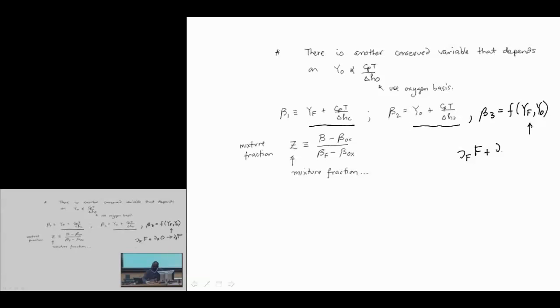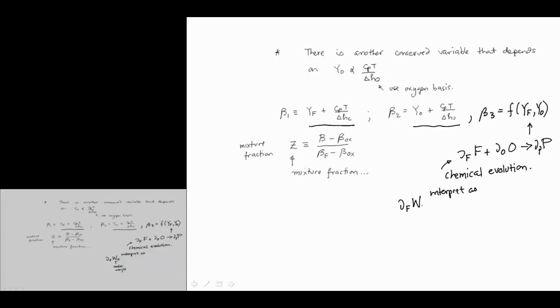So let's just make sure that we're clear on that. This is the underlying chemical evolution that describes what interaction is required, but this can be interpreted as the fact that for every, so this is, say, the molecular weight of fuel. This is, remember, the stoichiometric coefficient.